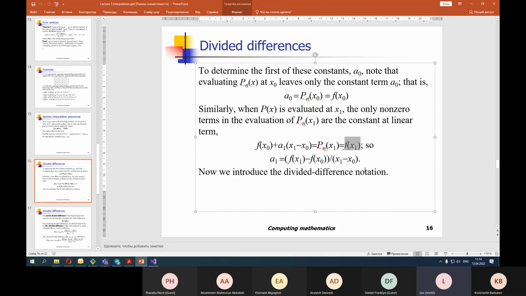From this equation, we can find a1. a1 equals f of x1 minus f of x0 over x1 minus x0. Well, we found the coefficient a0. We found the coefficient a1.